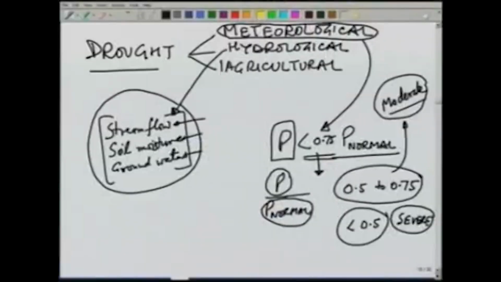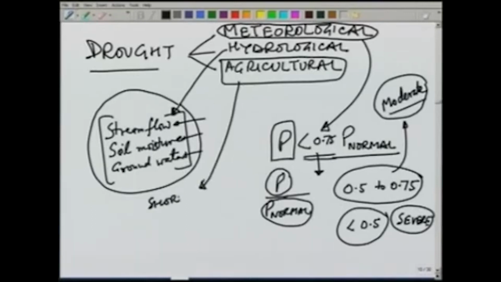The agricultural drought is over a very short period, typically about a week or so.